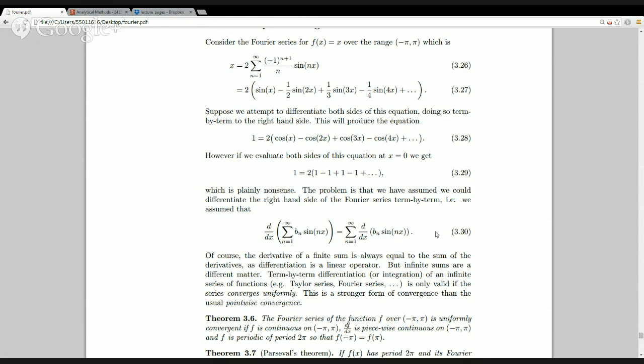So I need to tell you a little bit about types of convergence for sequences of functions. The setting we're going to think about is the partial sum of the Fourier series.